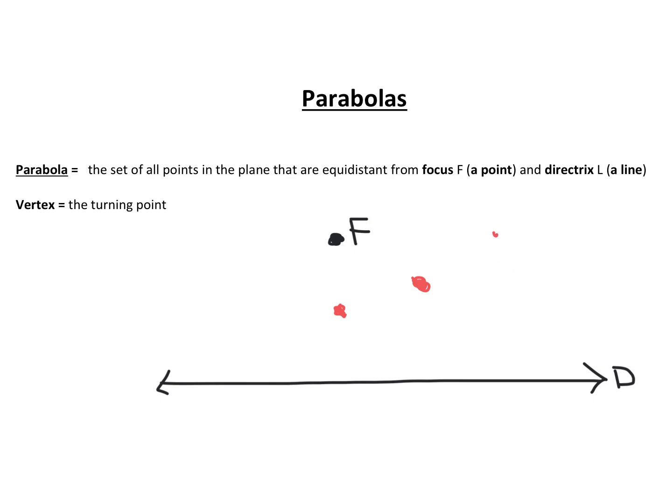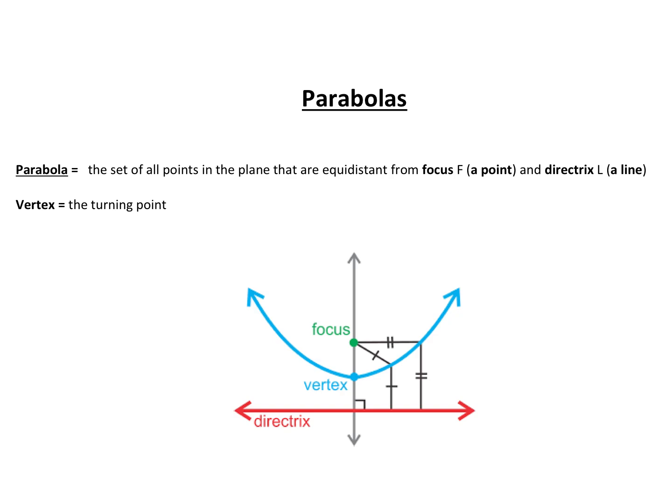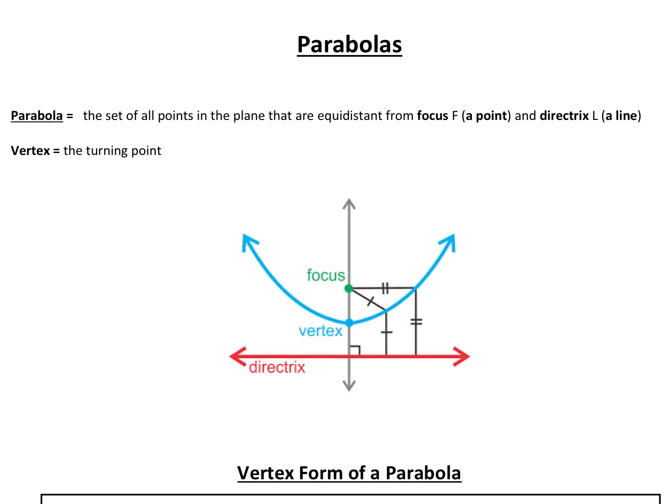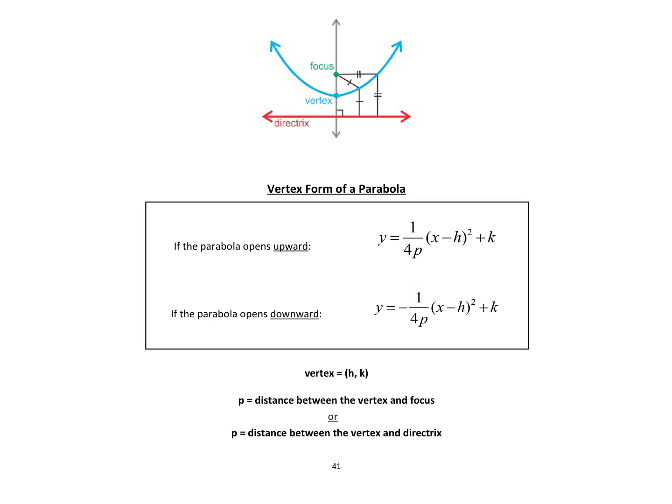Okay, what's going to happen is as you keep making these points, they're going to form what we know to be a parabola, just like that. Or if we look at the drawing on our paper, this is a better picture. Here's your parabola.